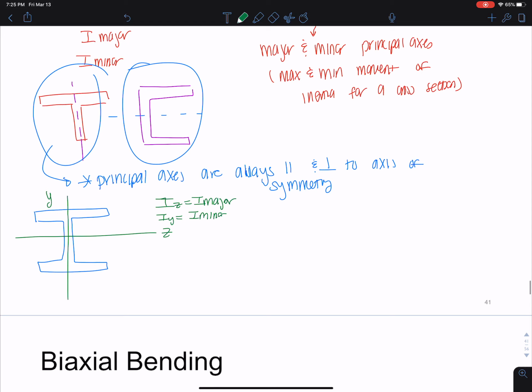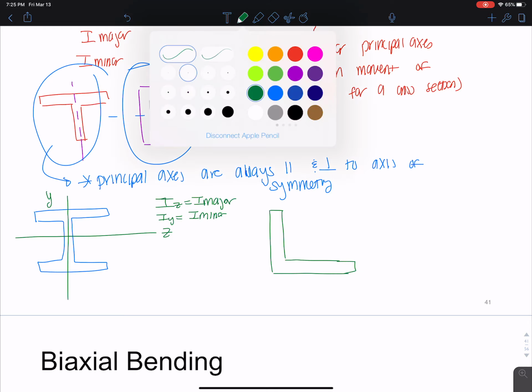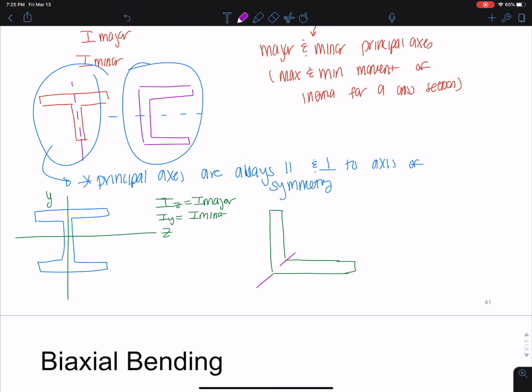We can do the same thing for something that looks like this, although we're not going to necessarily get into shapes as complicated again, but our axis of symmetry here would be here. So this would be my z, and then all I need to do is go perpendicular to that at the centroid. This would be my y, and again, this y here is the I minor, and this is the I major. Okay?